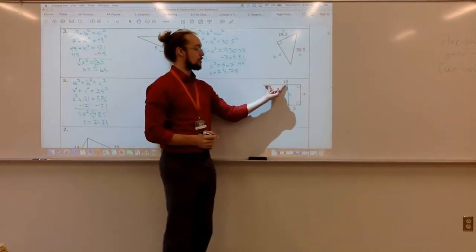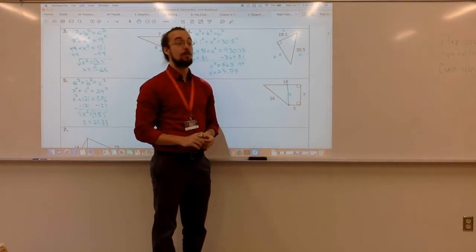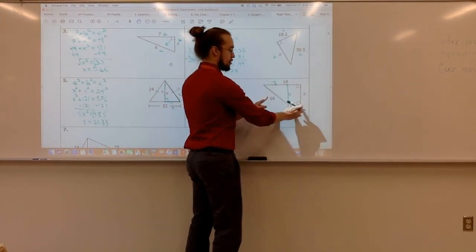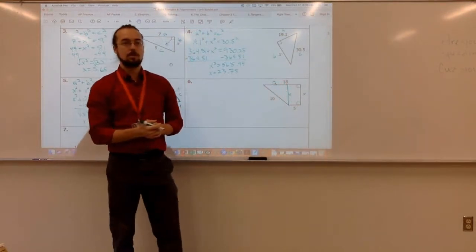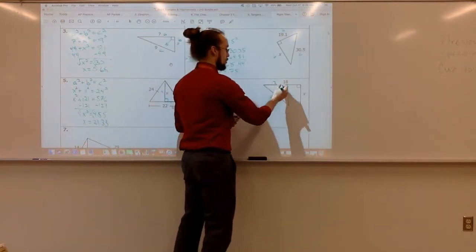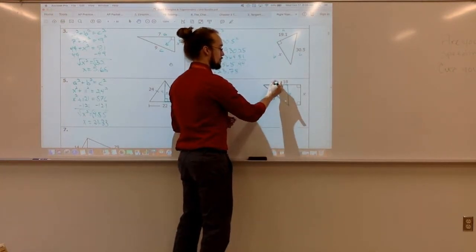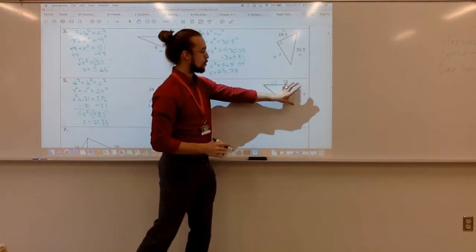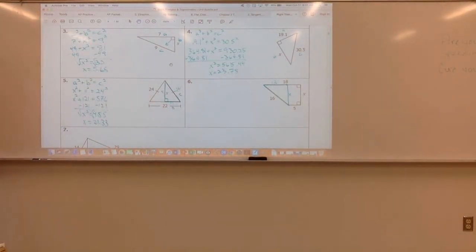So what would this side be then? 13, right? If this is 18 and this is 5, this would be 18 minus 5, 13. So we have now created a right triangle where we know two of the sides. This piece will be the exact same length as this piece, so we can just solve this right triangle for x. So go ahead and do that here.